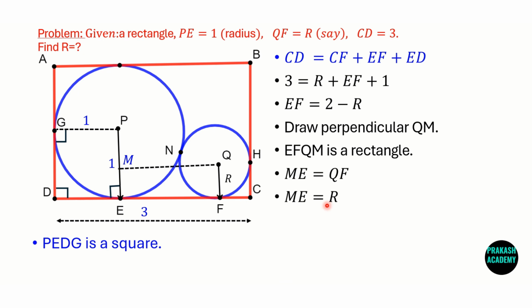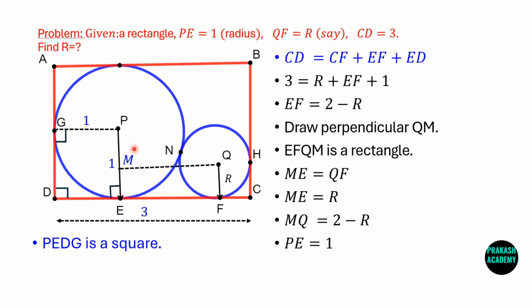So ME is equals to R. So what will be MQ? MQ is basically equals to EF, and we have already calculated EF. This is 2 minus R. So MQ is equals to 2 minus R.